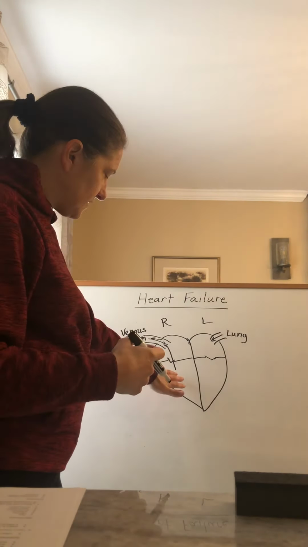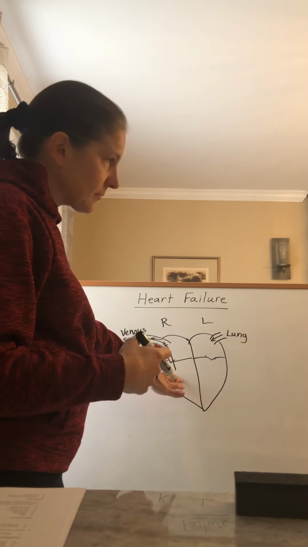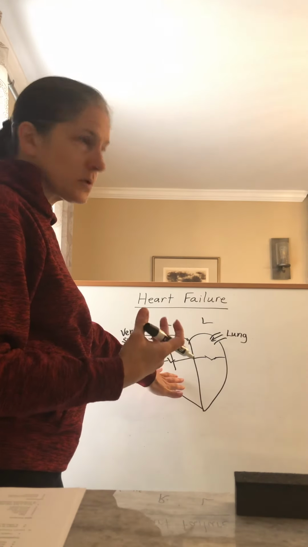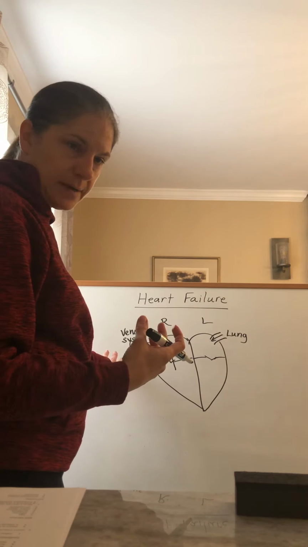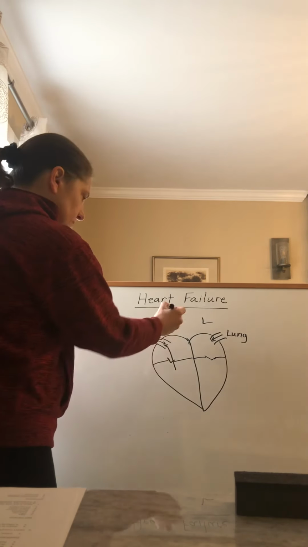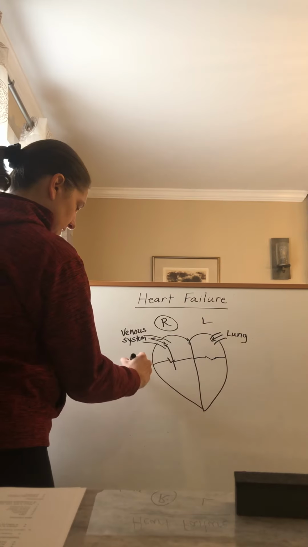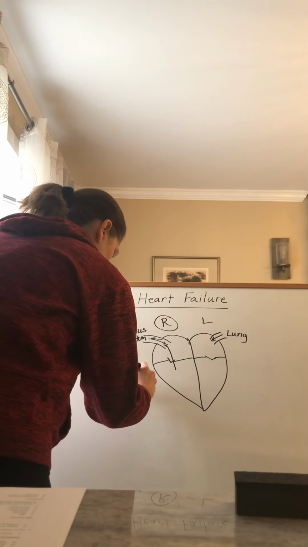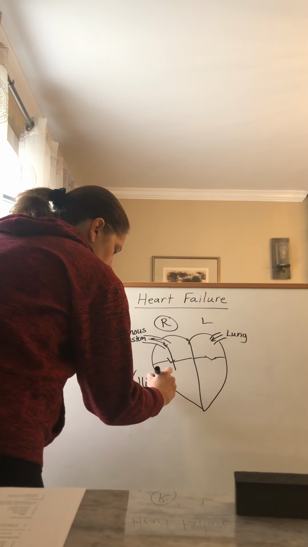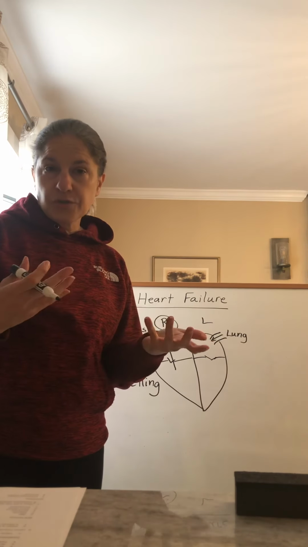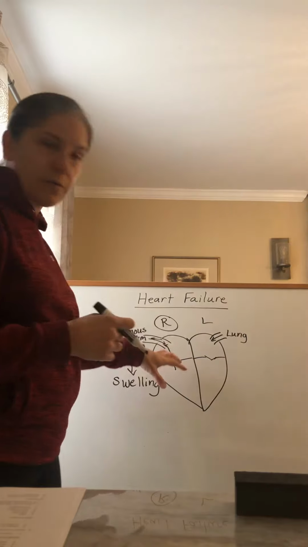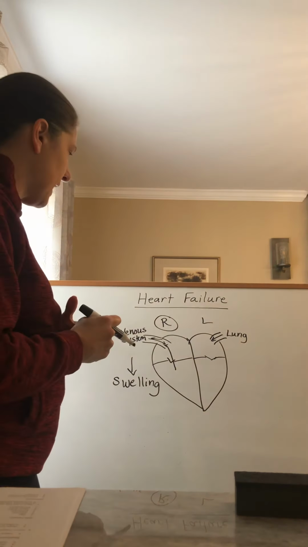So if you don't have sufficient force coming out of the right ventricle, everything behind it is going to back up. Because of that, if someone has failure on the right side, you would get swelling in the lower extremities to start, and then the upper extremities can occur as well. The weaker the heart gets, the more of the backup that you would have.